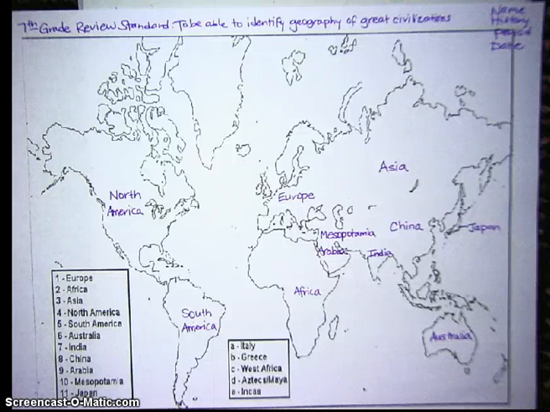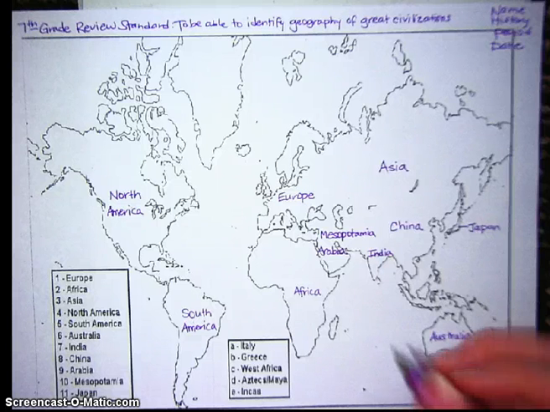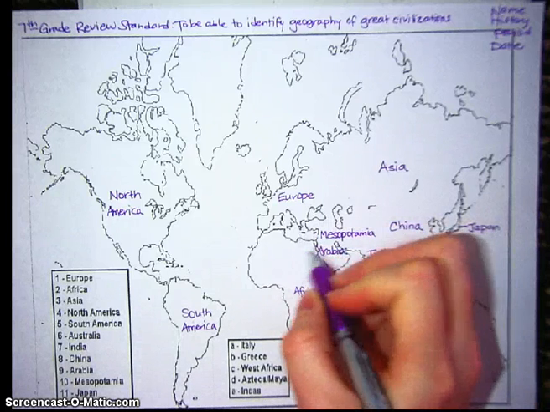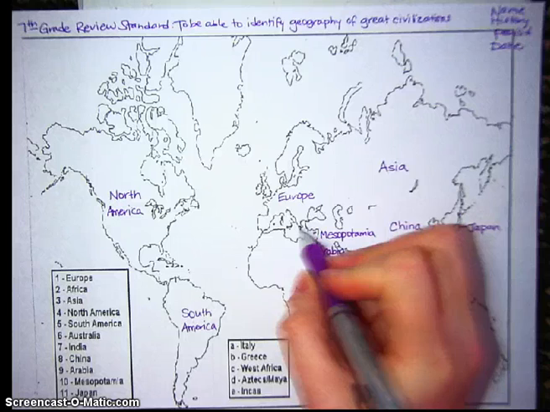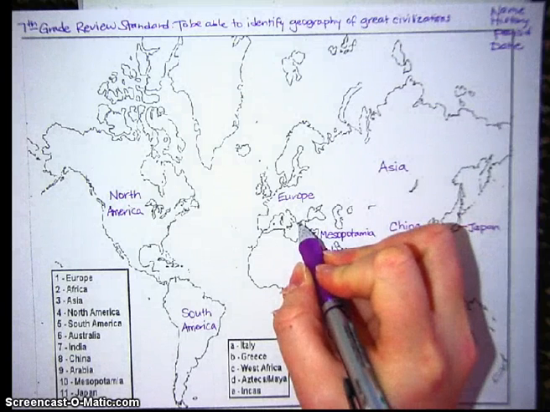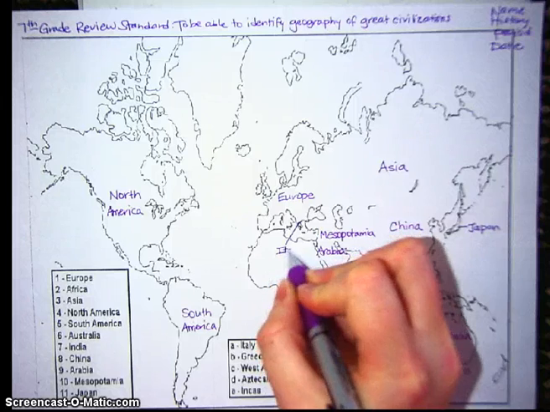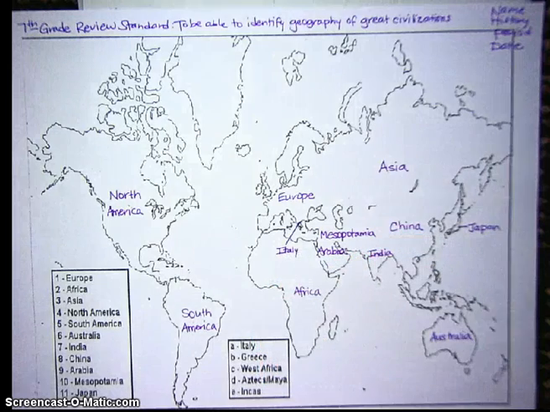Those are big, large land areas that we just did. So the next ones we're going to do: Italy. Italy is right here. It's this little tiny, well, it's hard to see here, but it's a little tiny boot. I'm actually going to just do a little line like that so I can see it. There's Italy.